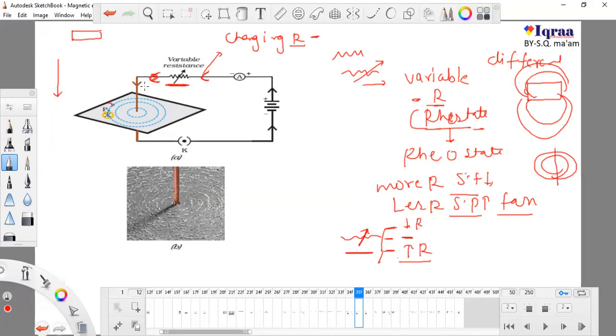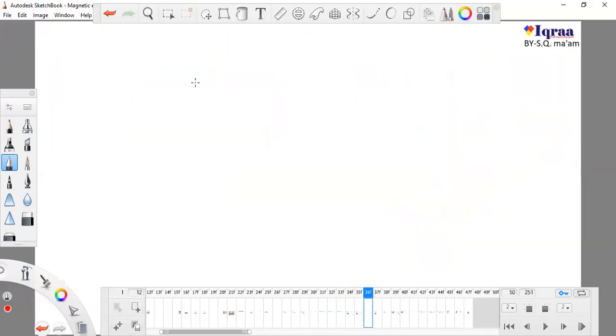So in this case, by using this variable amount of resistance, I am using a very high amount of resistance.